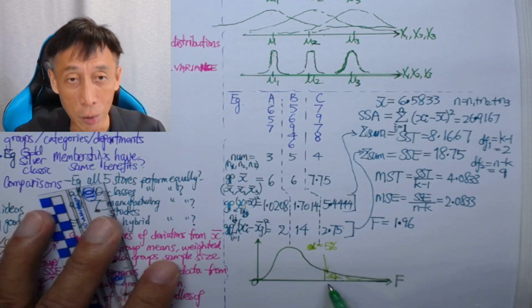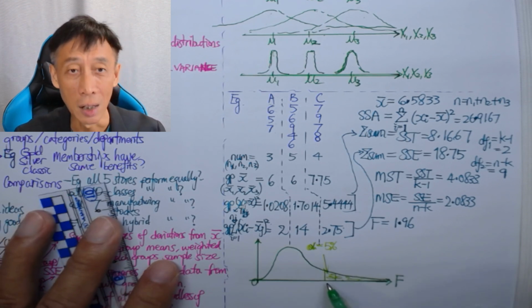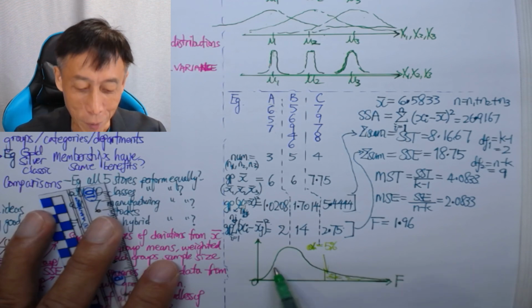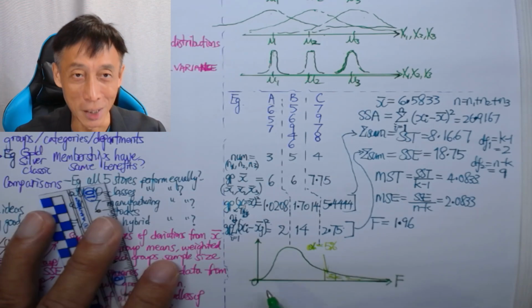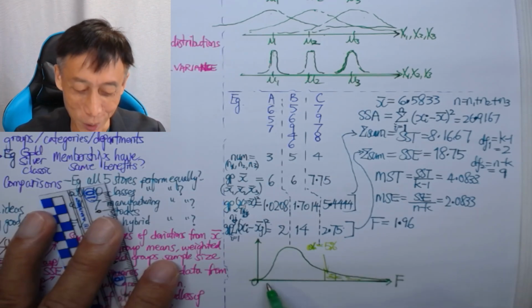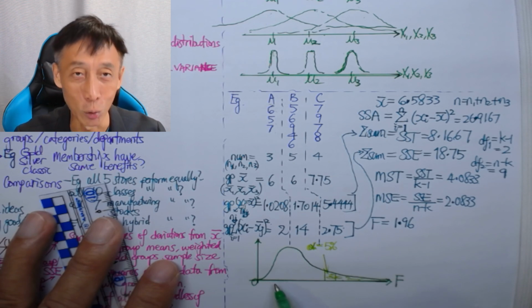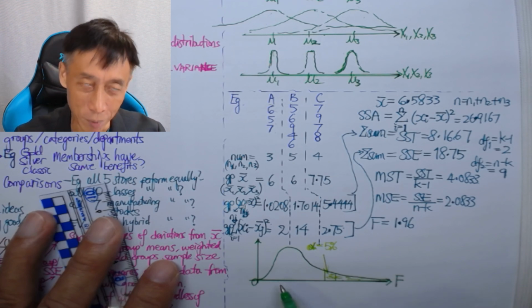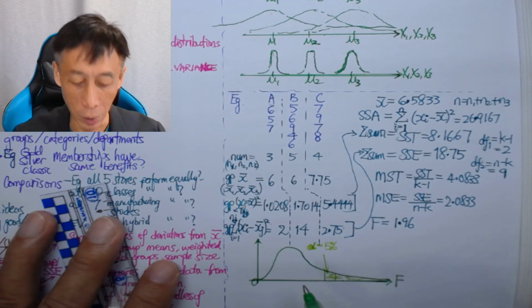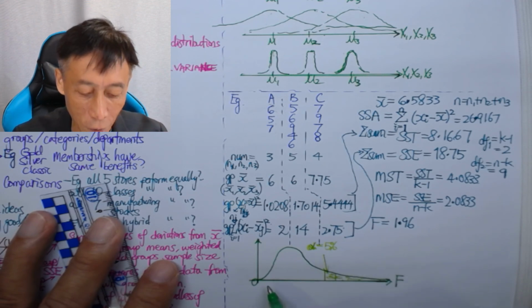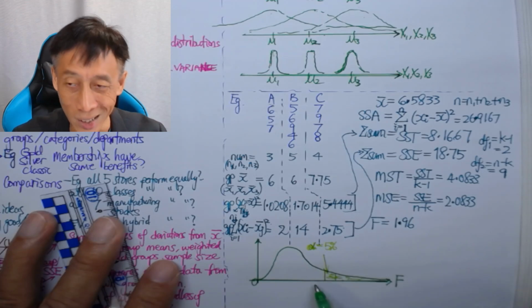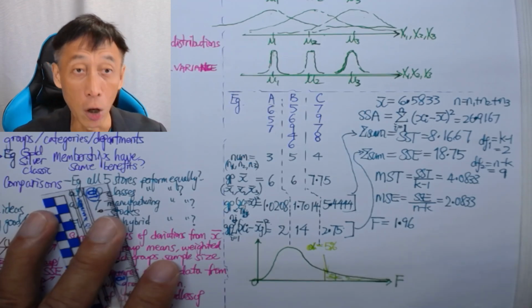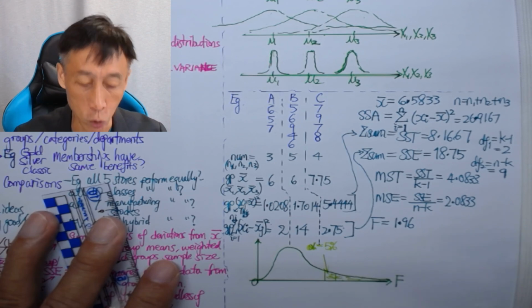This time around, we can't use the Z or the T trick, where we do a 5% left side and then drop the minus sign, because F is entirely positive, so there's no minus sign. So we have to do the adjustment way, not the dropping of the minus sign way. We take the inverse CDF of 1 minus alpha, which gives us 95%. In Excel, you can use F.INV, the inverse of the F distribution.